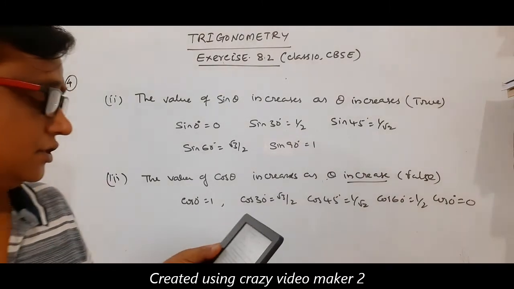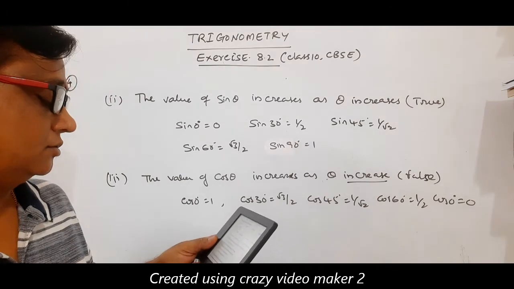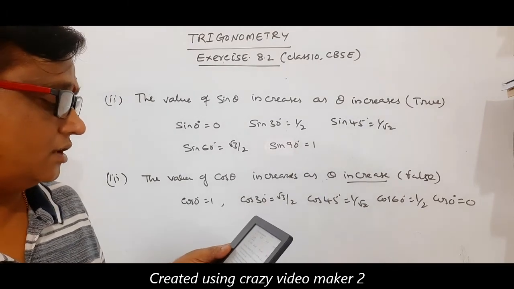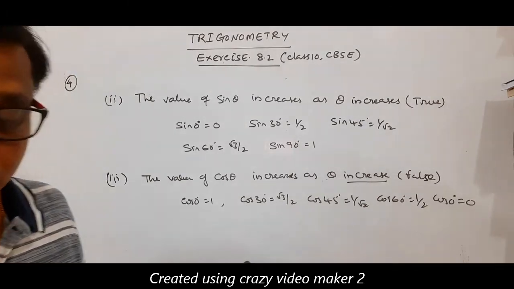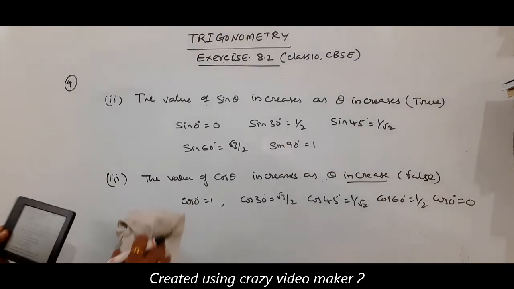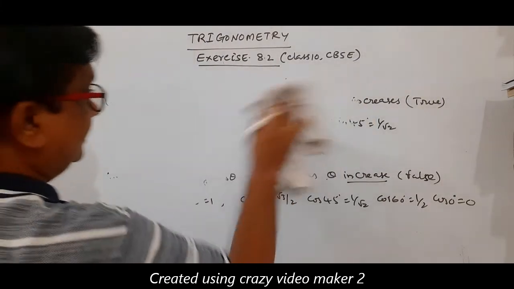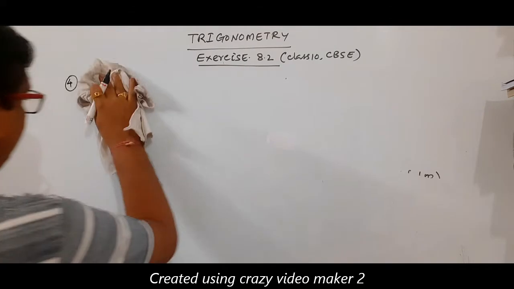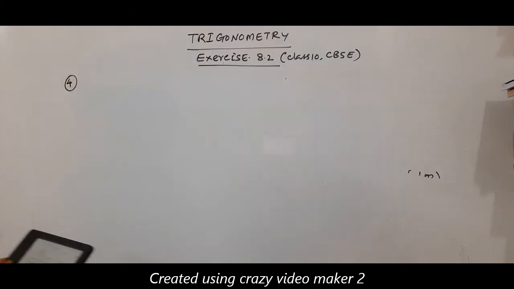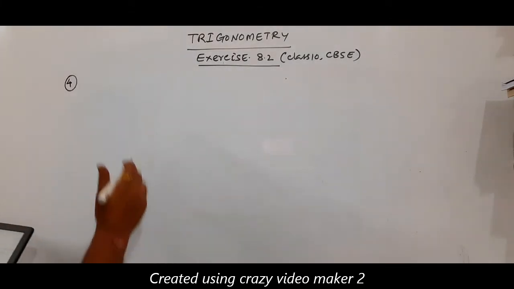In the fourth question, sin theta equals cos theta for all values of theta. So that is false, because it happens only when theta is 45, not for all values.